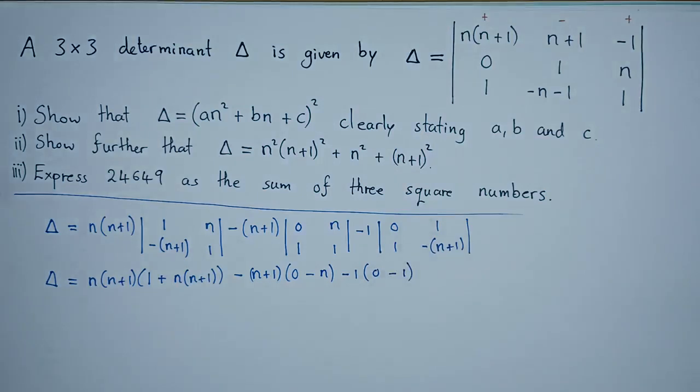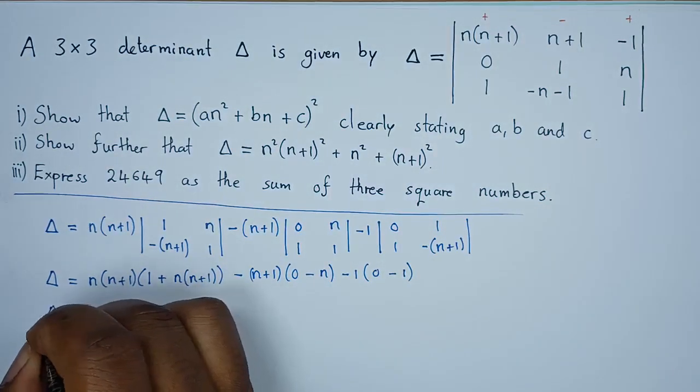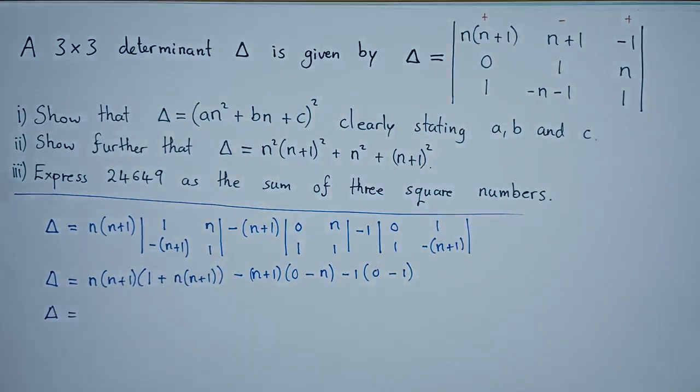Then from there now, we can say the determinant is equals to, so let's see what we have now. If you look at these two, this one and this one, let's see how we can simplify the two. So to start with, we can first start by saying, let's expand this part. This should multiply with this, then this should multiply with this.